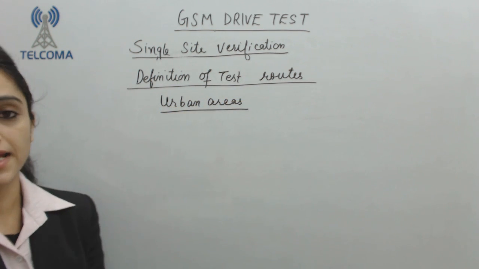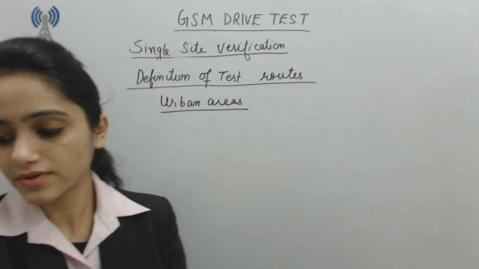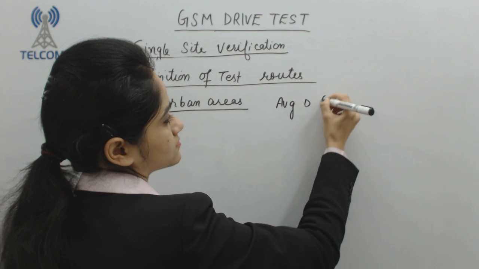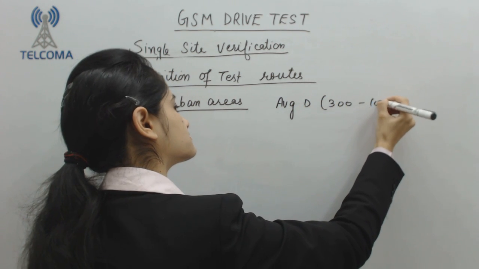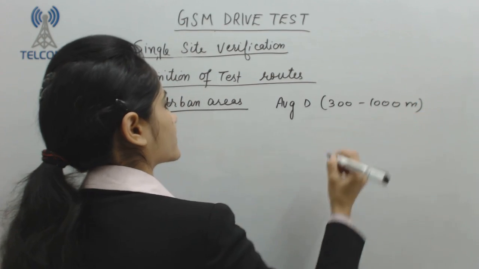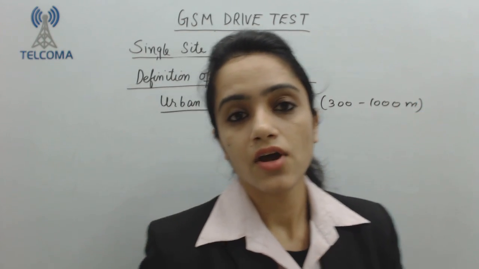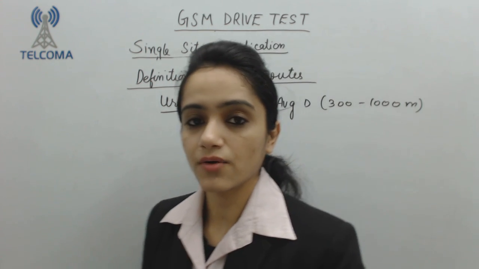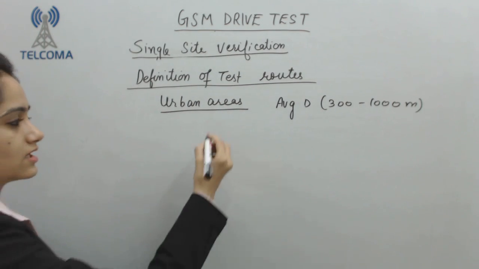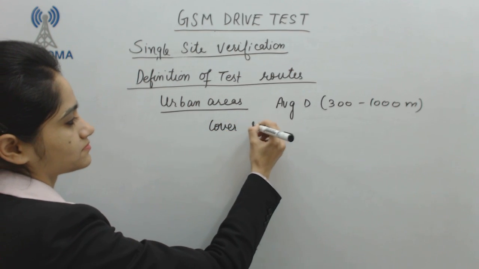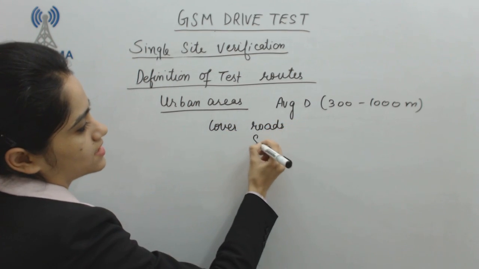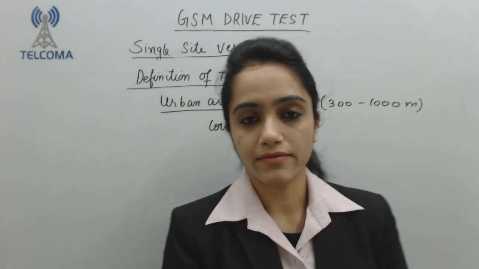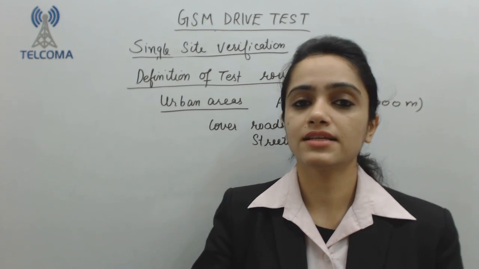Now these urban areas have an average distance of 300 to 1000 meters. We require that this will cover roads and streets. It is required to cover all the major routes and the streets.